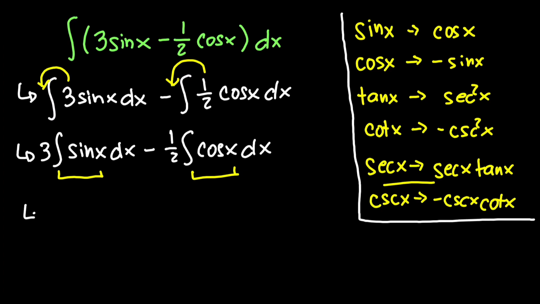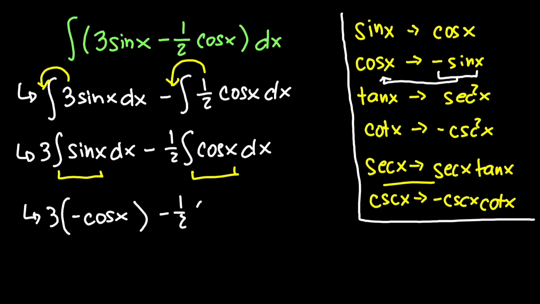So, first up, the integral of sine of x. In our case, the derivative of cosine of x here would be negative sine of x in our table, so the integral of sine x would be negative cosine of x, minus 1/2 multiplied by the integral of cosine of x. Next up, cosine of x.